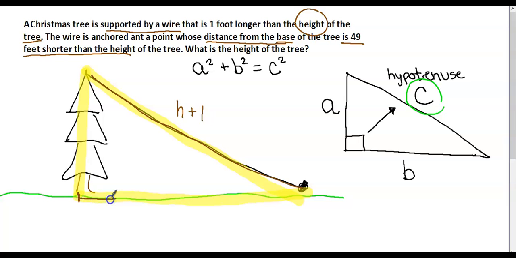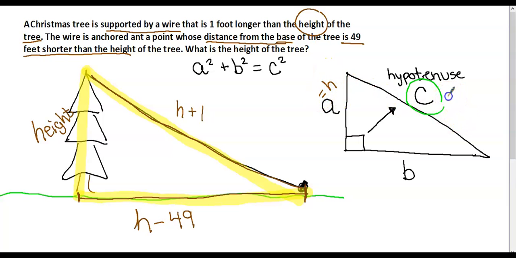So bottom of the tree, distance from the bottom of the tree, that's the side they're talking about now. And that is 49 feet shorter than the height. So height minus 49. Well, the other thing they keep talking about is the height. So that means this is the height of the tree. Alright, so if I'm mirroring this with my triangle over here, then I am saying A is height, C is height plus 1, and B is height minus 49.